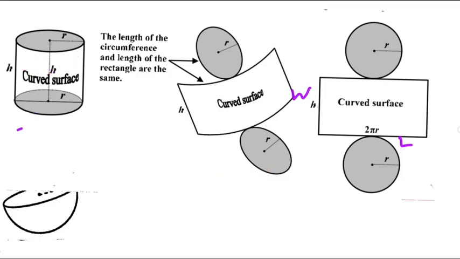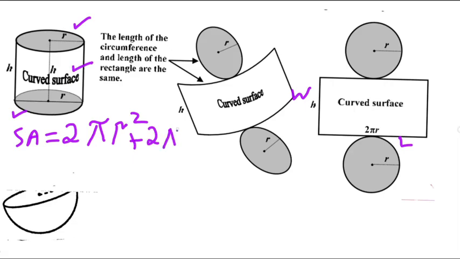So the surface area formula is 2 pi r square, for the two circles top and bottom, plus 2 pi r h, the lateral surface area in the middle. Even a cold drink can, if you open it up and lay it flat, forms a rectangle.